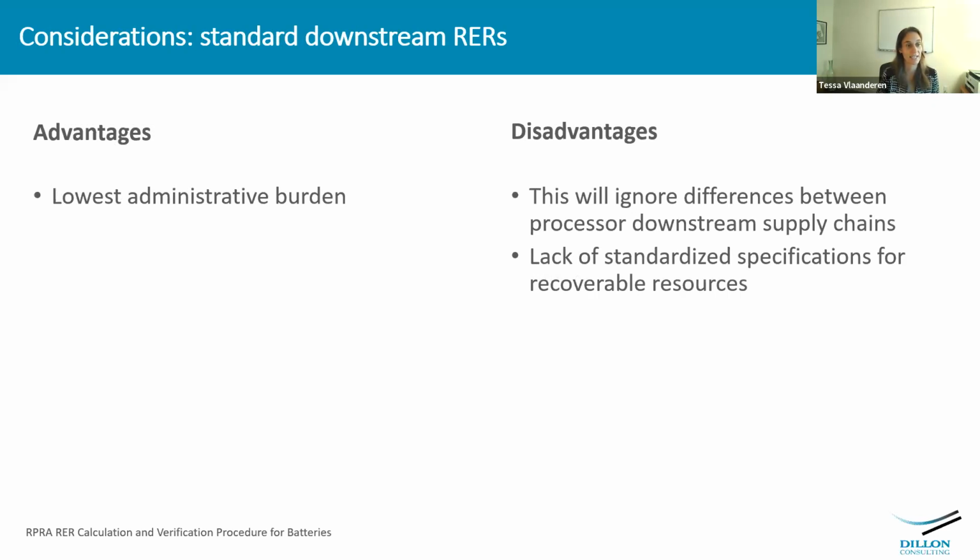Also, there is a lack of really standardized categories and specifications for commodities that are being generated at the processing stage. So developing this is both difficult and may not actually align with our principles.